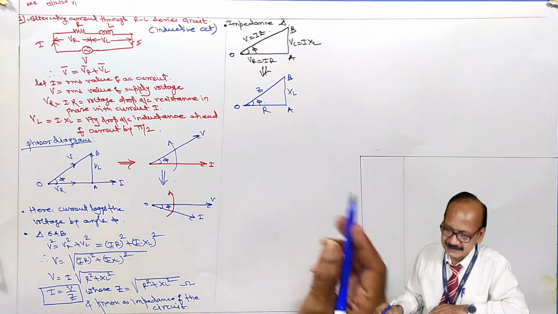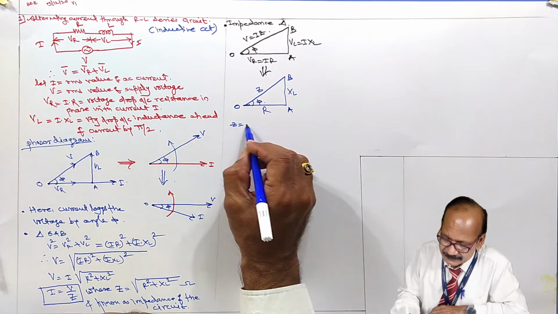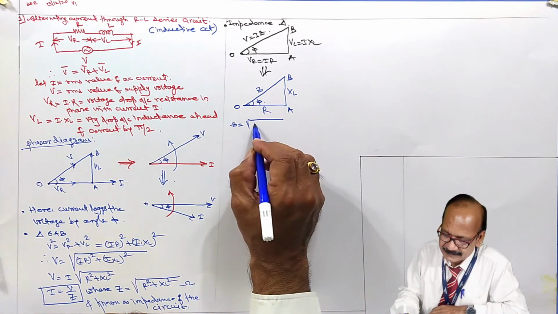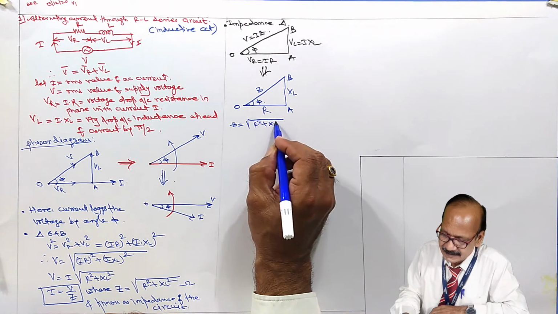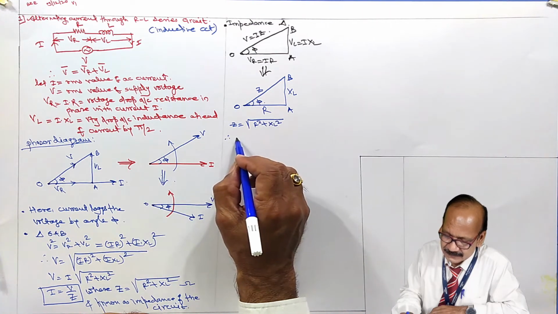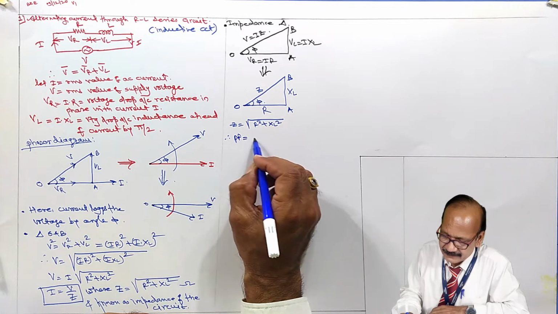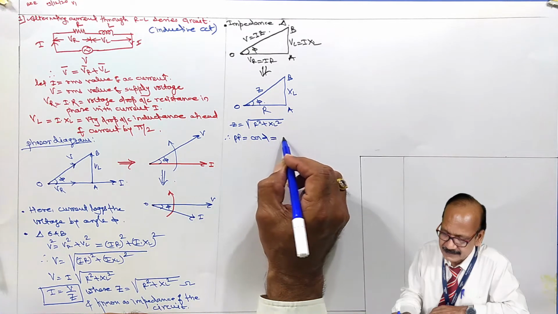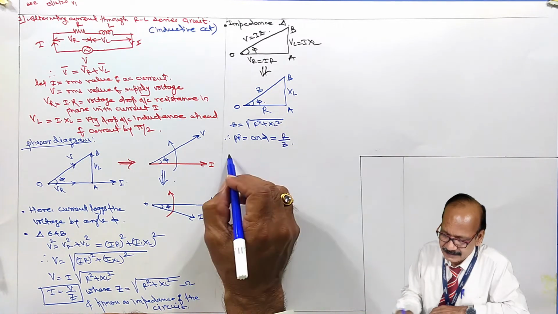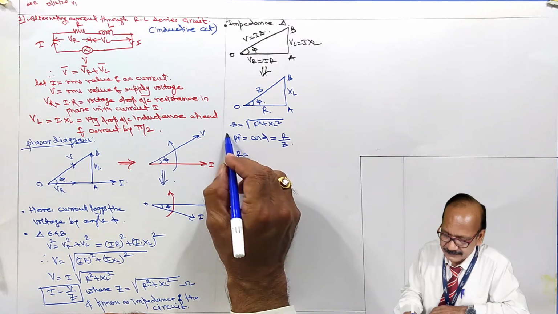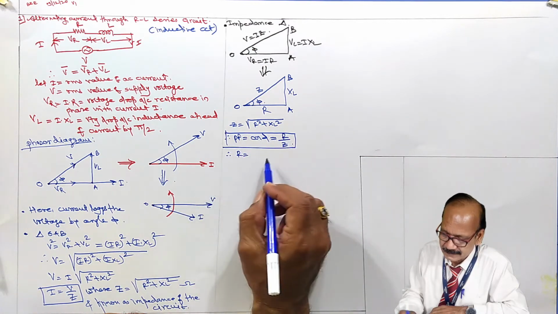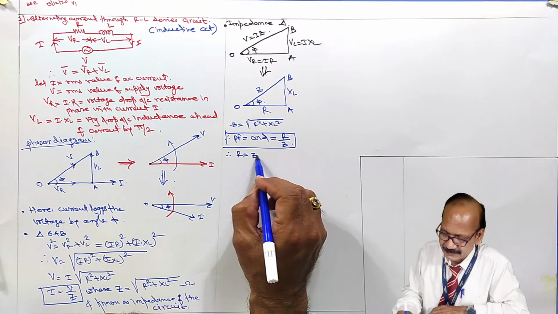From this impedance triangle also, Z equals square root of, using Pythagoras theorem, R square plus X_L square. Also, power factor equals cos phi equals R upon Z. Therefore, R equals Z cos phi.